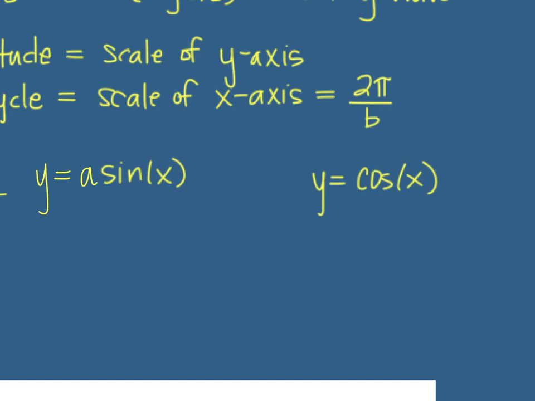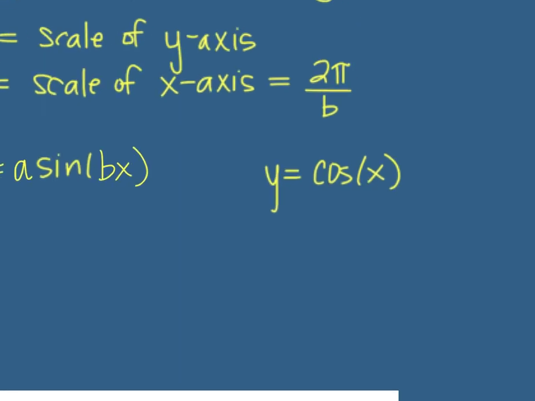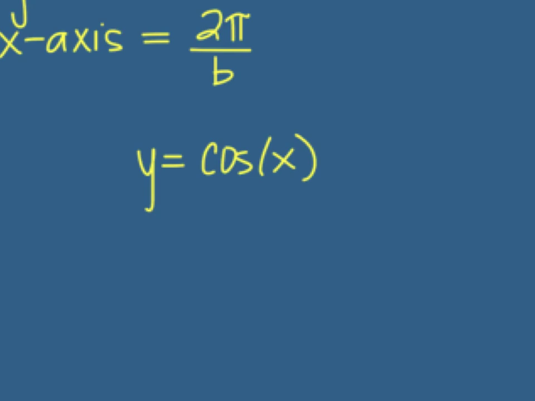Today we're going to introduce a number by the x. We're going to call that B. So the B goes right in here. The B changes how you label the x-axis, because it changes how you label the length of the period. And so we'll do the same thing for cosine: we would have an A out in the front.